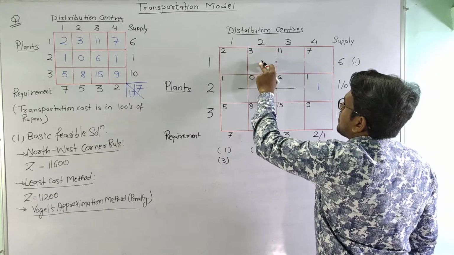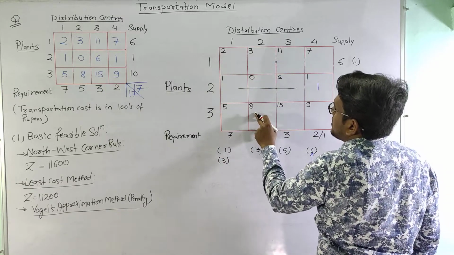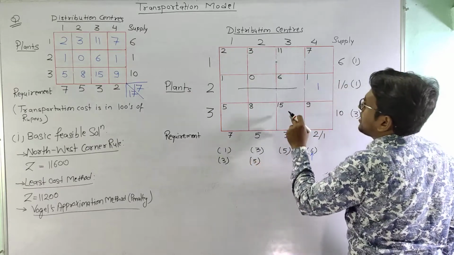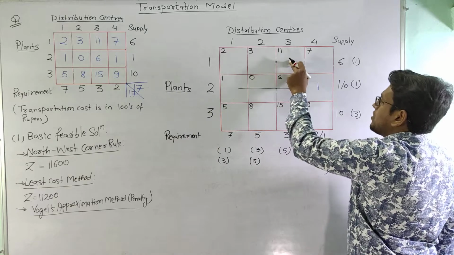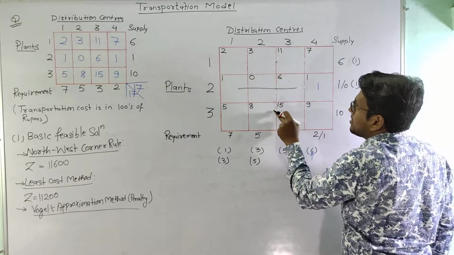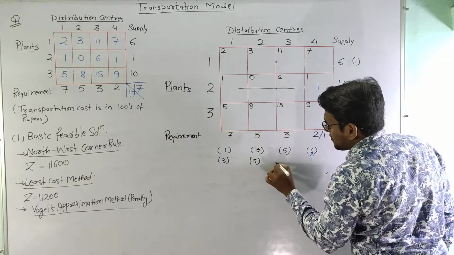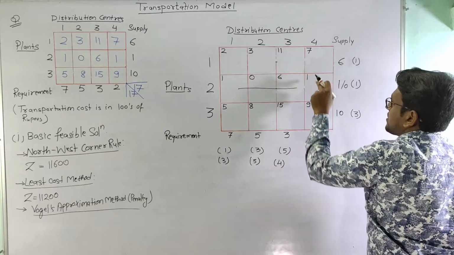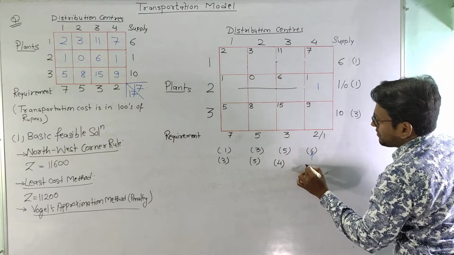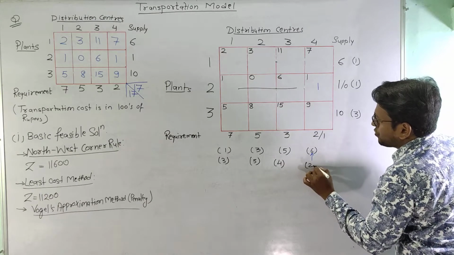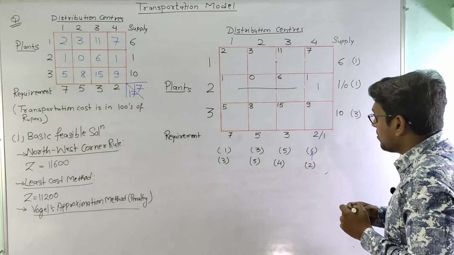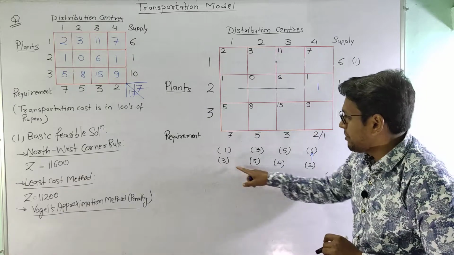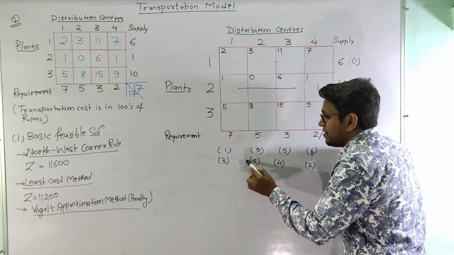This is 3 and this is 8, the difference is 5, so the penalty is 5. Here the lowest is 11 and the second lowest is 15, the difference is 4, so the penalty is 4. Here the lowest is 7 and the second lowest is 9, so the difference is 2.